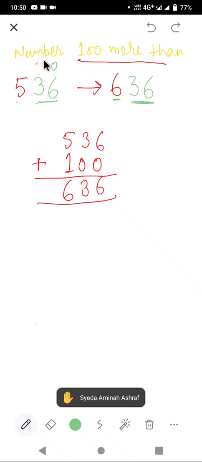This is ones place, tens place, hundreds place. So only hundreds place digit has changed here. Look, here we have 5 and here it is 6. When we find out 100 more than, then only hundreds place digit will change. And when we find out 10 more than, then tens place digit will change only. Okay, so let's take another example.